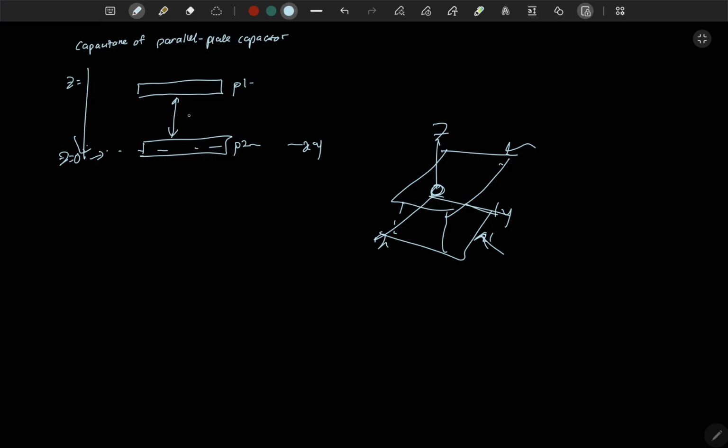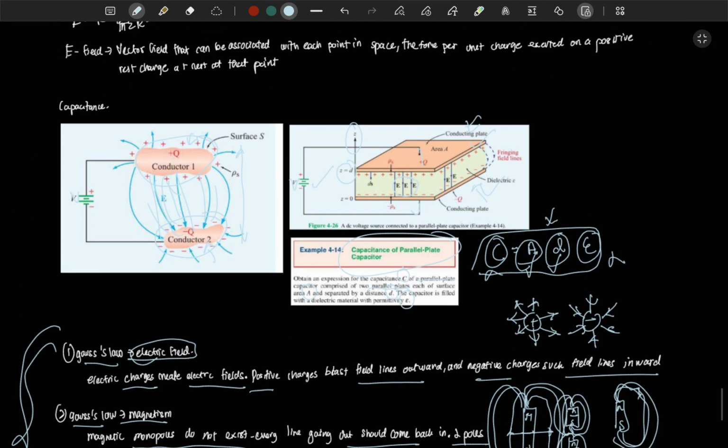The distance between the two plates is declared as D, so Z is equivalent to D. From the origin, we put the second plate above it at distance D. Here is the positive charge, here is the negative charge, and in between we have the electric field E.